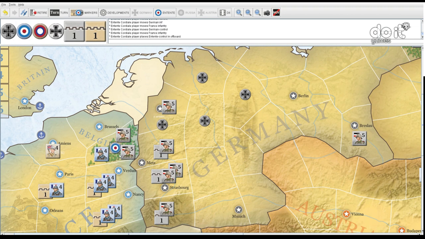We could put, if you wish, this control marker, because maybe it's more clear, but because it's in France, we can avoid this. If the Germans destroy this unit, then this area will become a German-controlled area. So we will have to put a German marker.